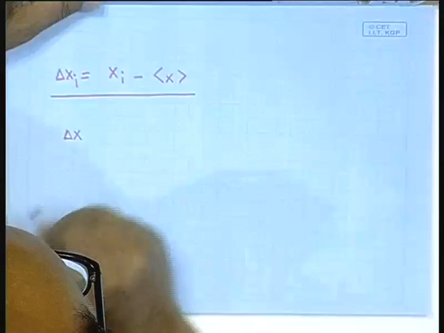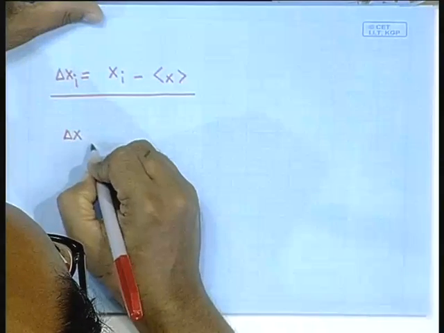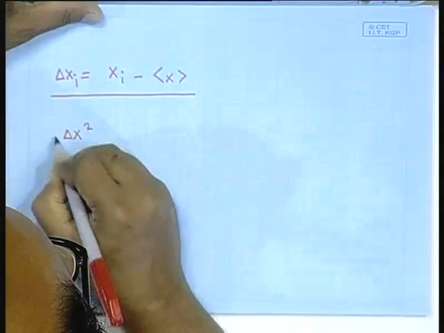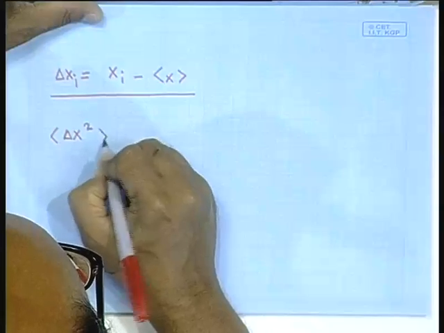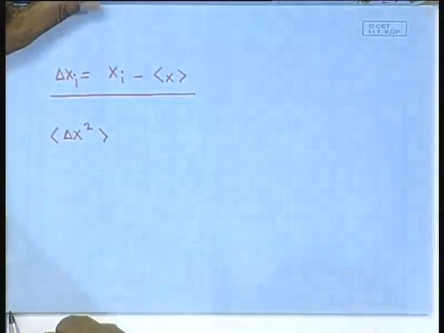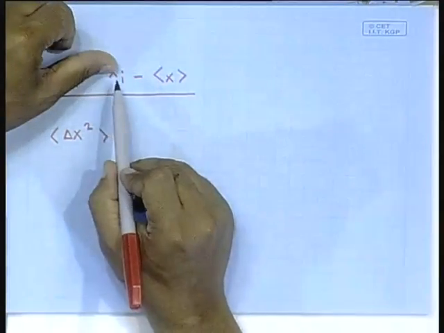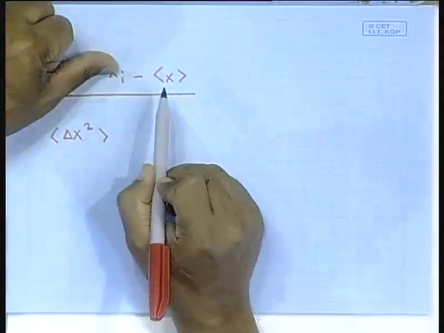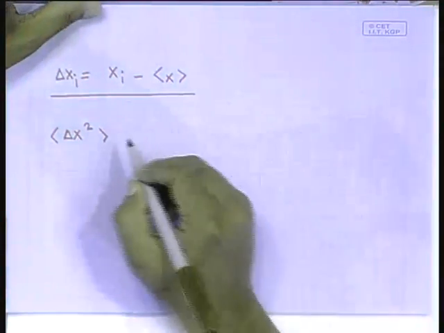So, that is called the mean square deviation. Take the deviation from the mean, square it, and then calculate its mean. So, take the deviation of the outcome from the mean, square it, and then calculate its mean.